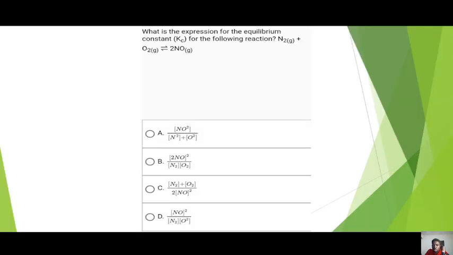The equation is N2 plus O2 reacting reversibly to give 2NO.